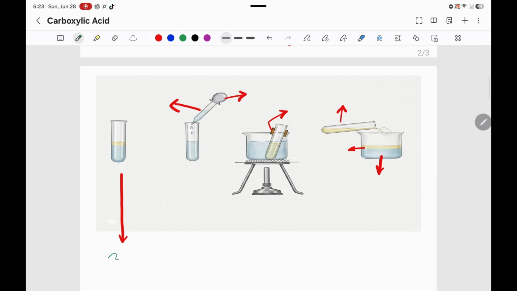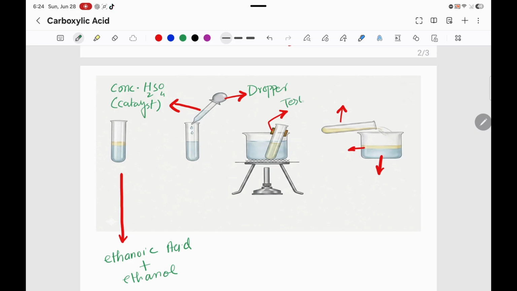This is basically our mixture of ethanoic acid plus ethanol, and this is our catalyst, that is concentrated sulfuric acid, the catalyst of the process. This is called dropper. This is test tube holder.